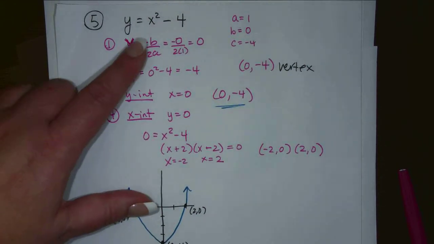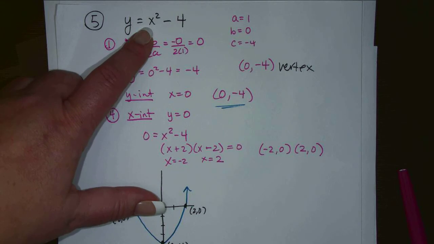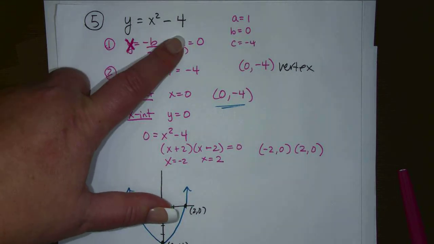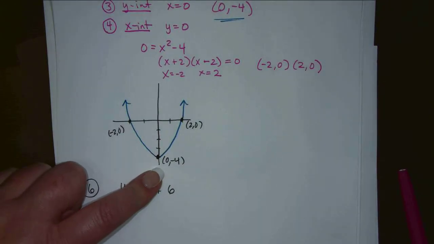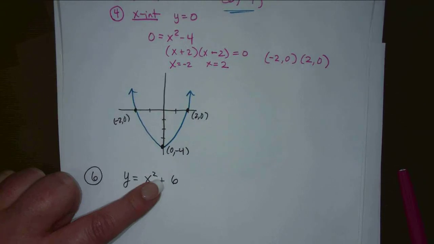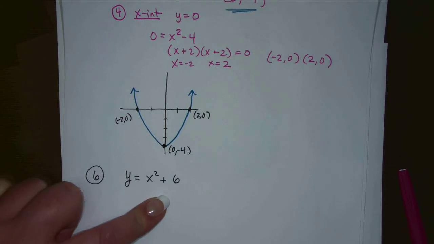This is just the regular x squared, regular parabola, moved down 4. That's all it is. If you took the regular parabola and we moved it down 4, that's what the graph would look like. So this is actually the regular parabola moved up 6. So you could just jump right to the drawing.